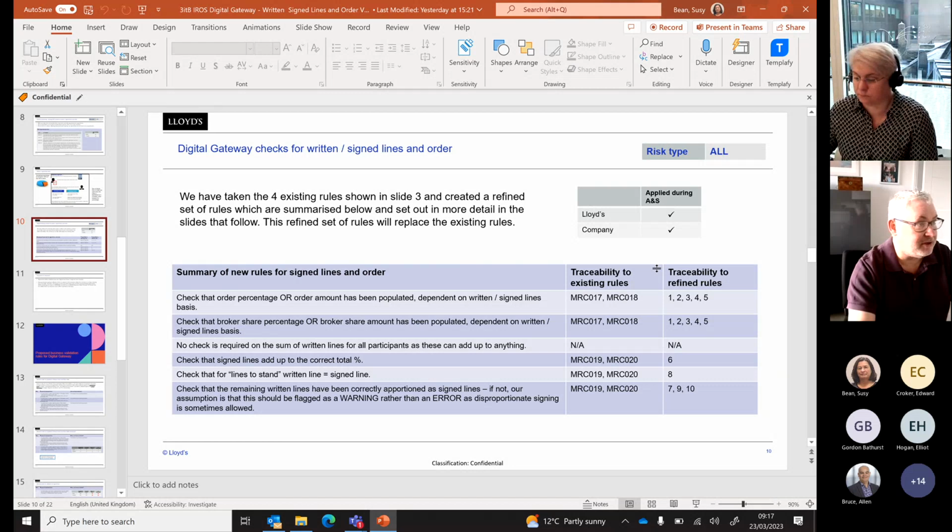I think the origins of this are from old style slips and inky stamps and manual signing down, predating clever broker systems that do them automatically now. So I guess I'm just posing the question. I think you've explained it very well. I just think it dates from the 1970s as a set of validation rules.